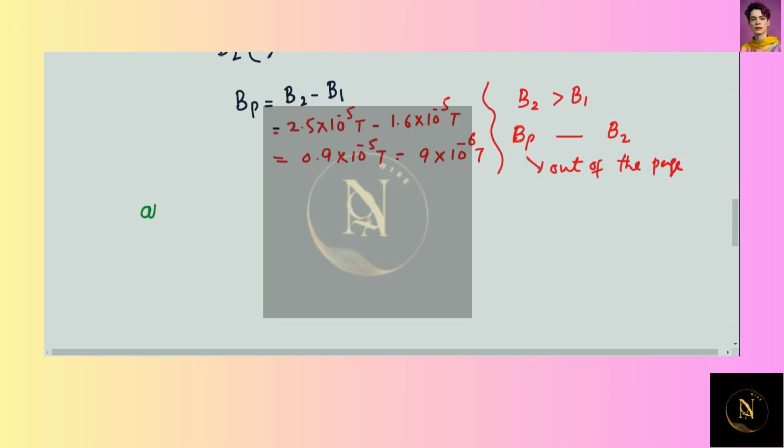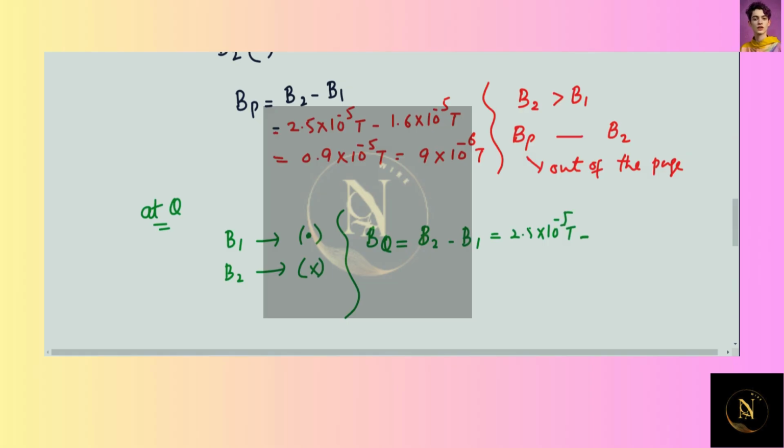Now at point Q, wire 1 will produce magnetic field that is out of the page at point Q, and wire 2 will produce magnetic field that will be into the page. Now we can write the net magnetic field at point Q equal to B2 minus B1. We have B2, which is 2.5 times 10 to the power minus 5 Tesla, minus B1, which is 1.6 times 10 to the power minus 5 Tesla.